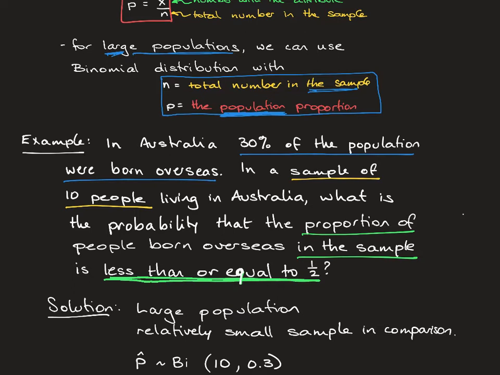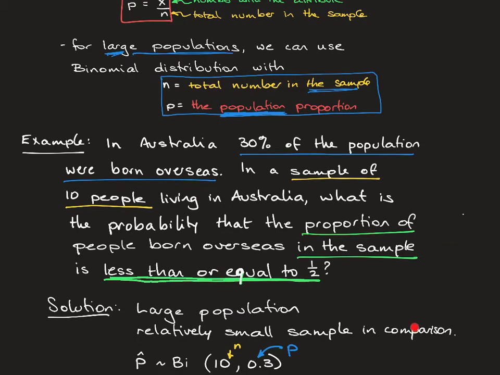It follows a binomial distribution where our sample size is 10 and our population proportion is 30%, so 0.3. And then the last thing we need to interpret is, what does it mean when it says that the proportion in the sample is less than or equal to a half?